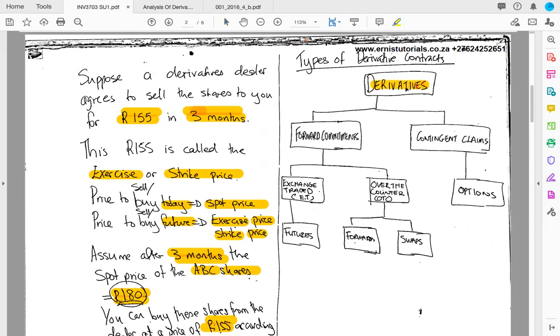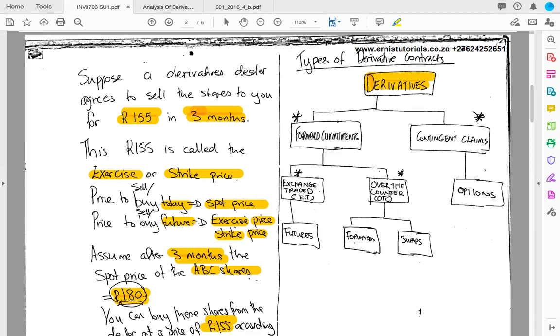Firstly, derivatives can be divided into two distinct groups, right? We can divide derivatives into what we call forward commitments and what we call contingent claims, right? And then these forward commitments can be further divided into exchange traded forward commitments and over-the-counter forward commitments.